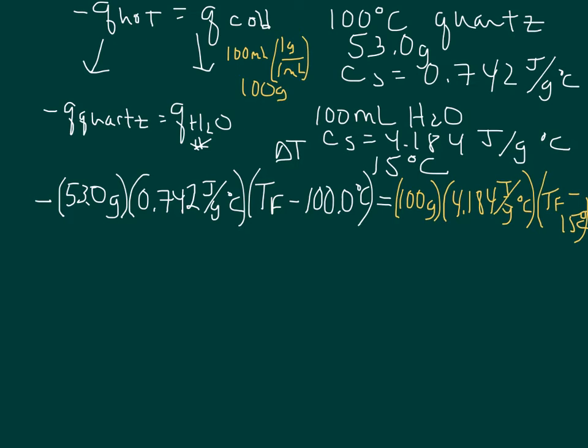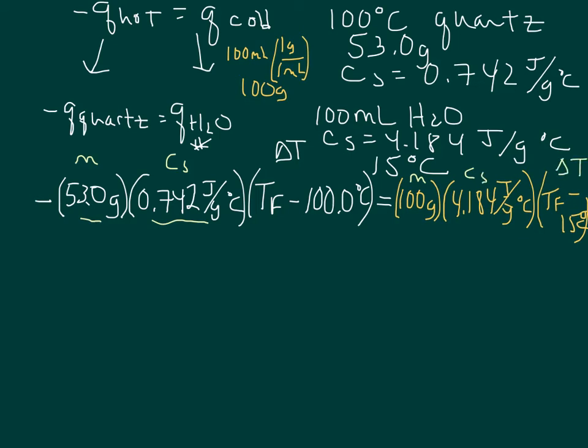So let's look at this again, just make sure we understand what we're doing. So here's our mass of our quartz, its heat capacity. So this is MCS, and this is delta T right there. Here we also have MCS delta T expanded.